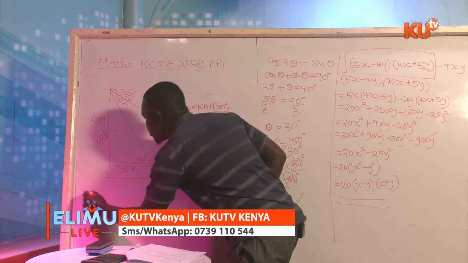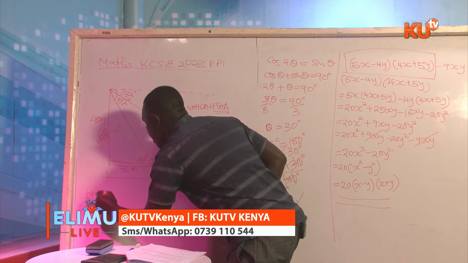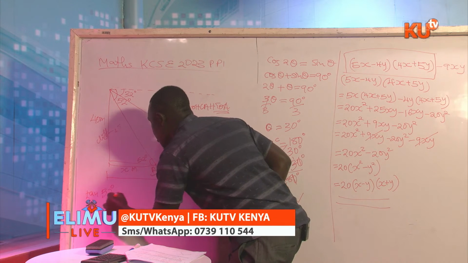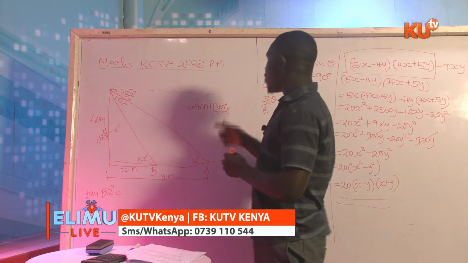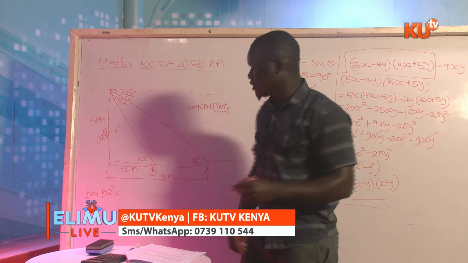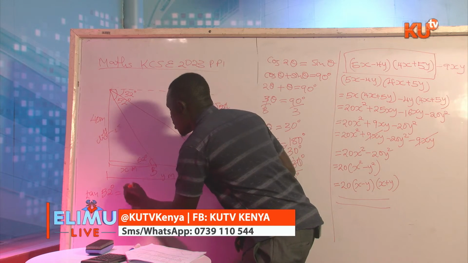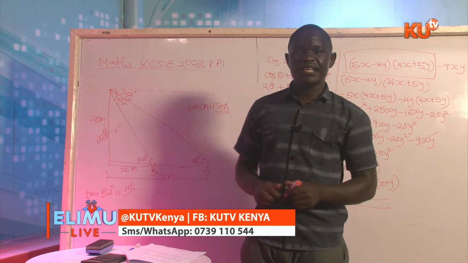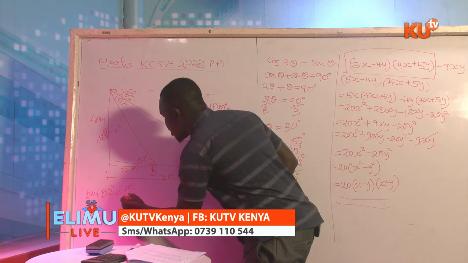So first of all, tan 52 degrees, its opposite is 40 over adjacent. My adjacent in this case will be x.